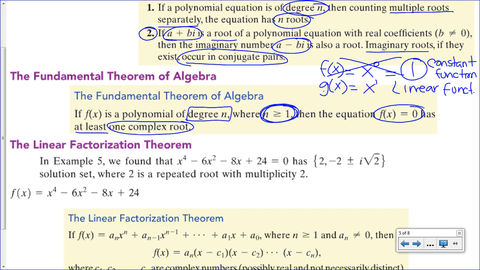Well, what if we had a coefficient here, like a 4? And this will be a 4, right? So if we were to graph it, it will be a horizontal line at 4. So will that one have a root? No, right? So that's why we're taking those out of the question.